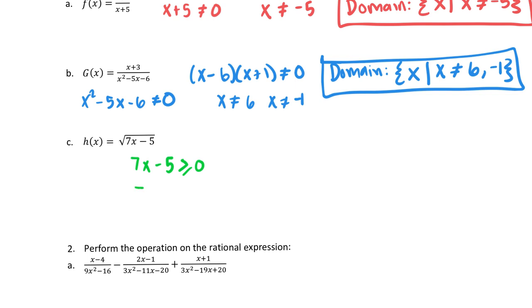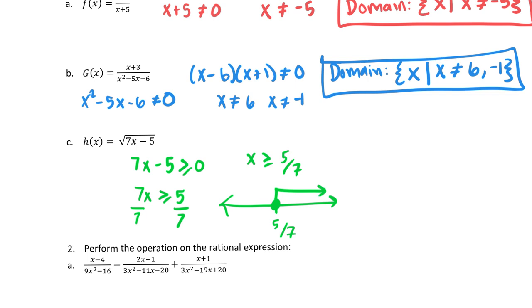So I add the 5 over, I have 7x is greater than or equal to 5, divide both sides by 7, and we get x is greater than or equal to 5/7. Now, if you want to think about this on a number line, we have the number 5/7, and it can be equal to, we just have all the values greater than 5/7 and equal to.